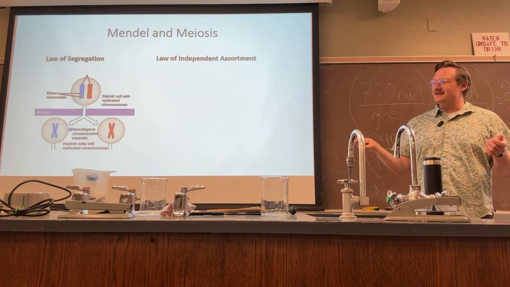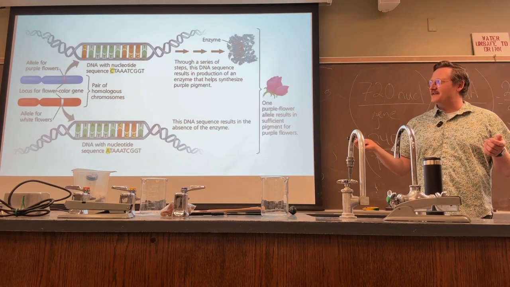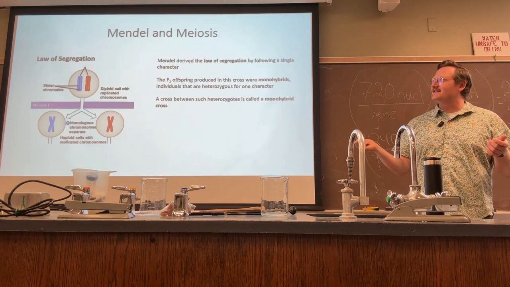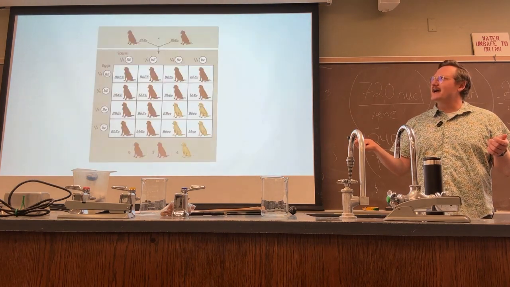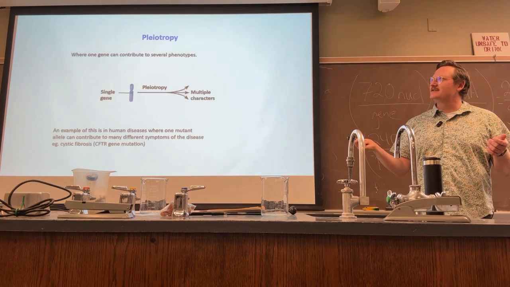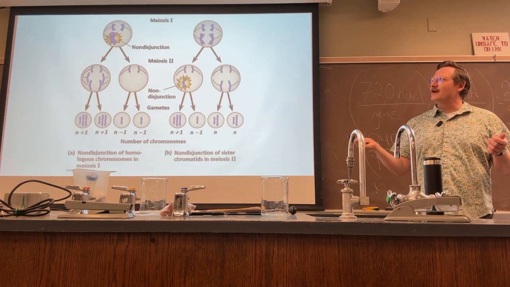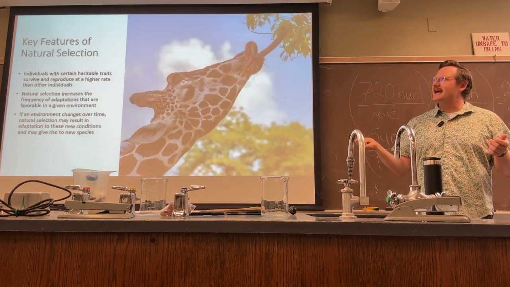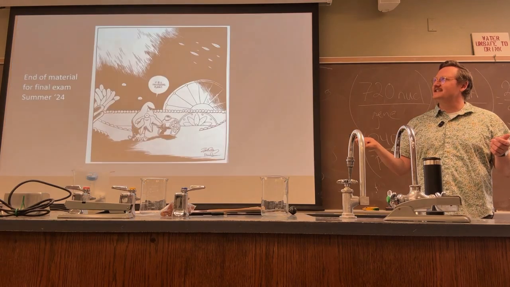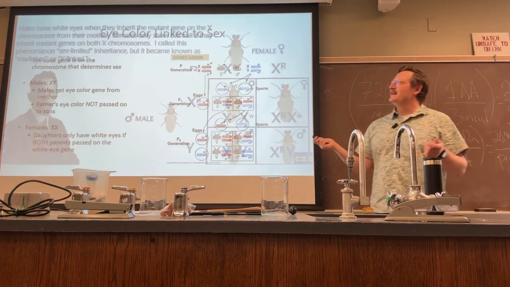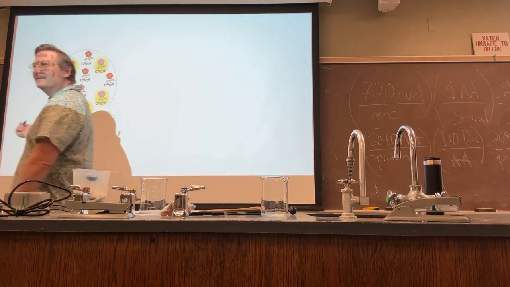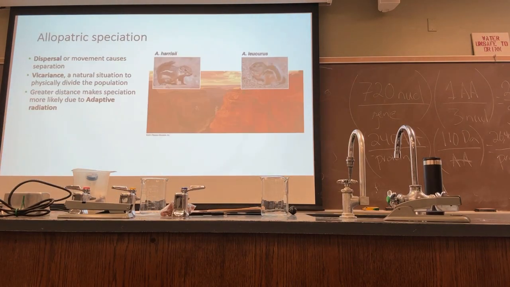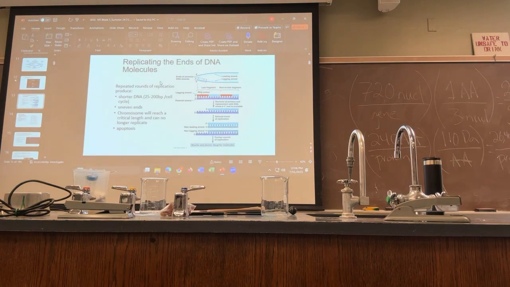Then we get into some cool mutations, Mendel, mathematics, Punnett squares, all this stuff. It's going to be a hoot and a holler. Blood types, probability math, chromosomes, polyploidy, aneuploidy, natural selection. And then we'll be done. And then if we have extra time, I'll talk to you about some more cool stuff that's still interesting. Anyways, and then the PowerPoint ends. It's a lot of stuff.